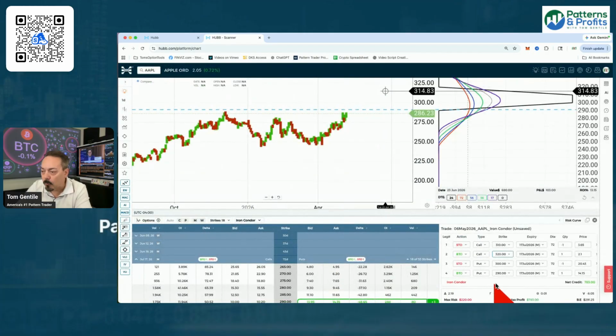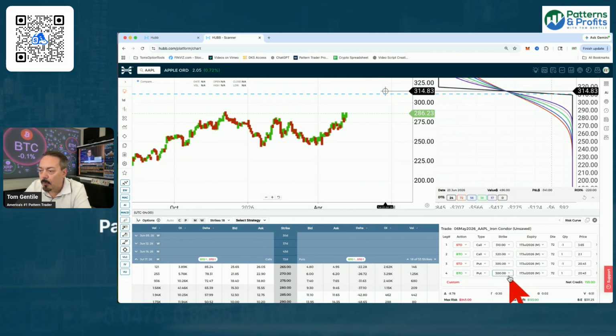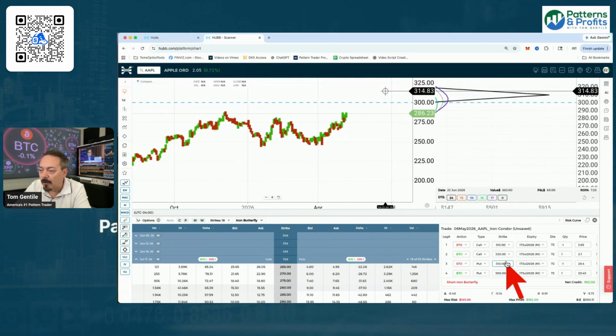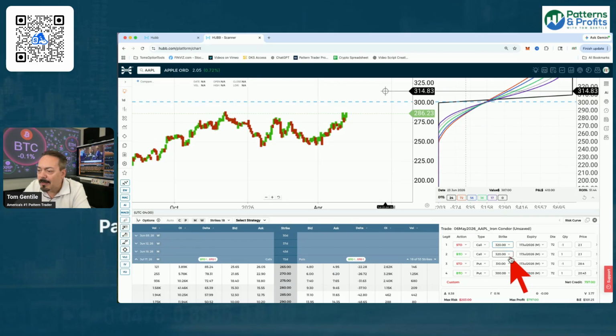So I'm going to change this one more time. So the put at the bottom is going to be the 300 strike, right? The put that I'm selling is going to be the 310 strike. The call that I'm selling needs to be 320. And the call that I'm buying, well, that needs to be at 330.